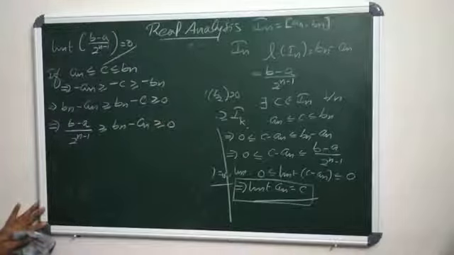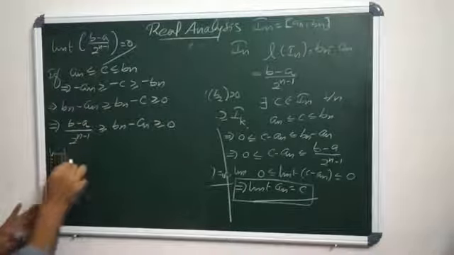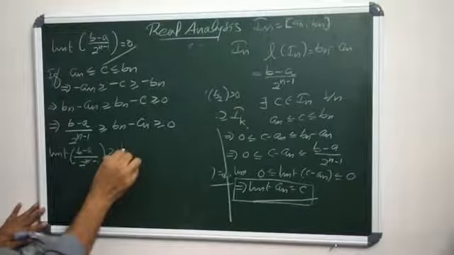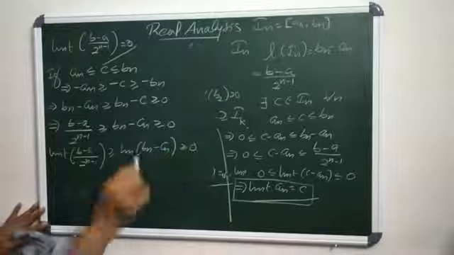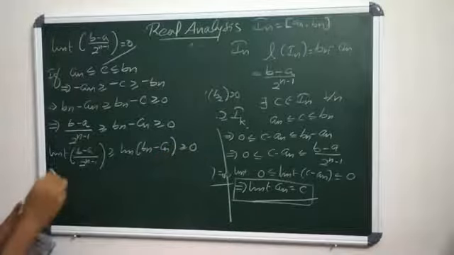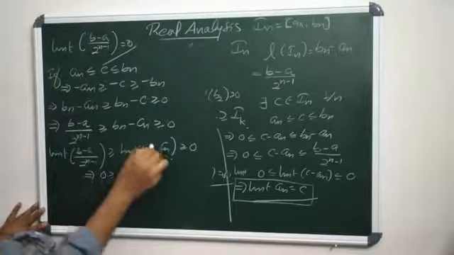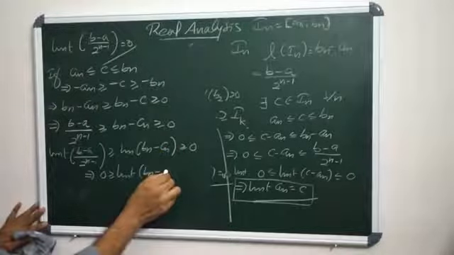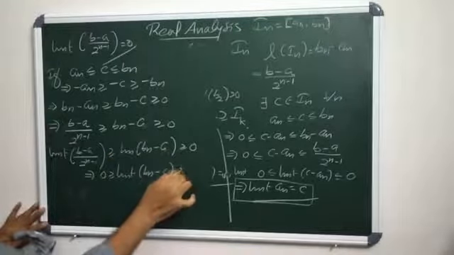So (b minus a) by 2 power n minus 1 is greater than or equal to Bn minus C, greater than or equal to 0. Taking the limit, the limit of the left side is again 0. That means 0 greater than or equal to the limit of Bn minus C, greater than or equal to 0.